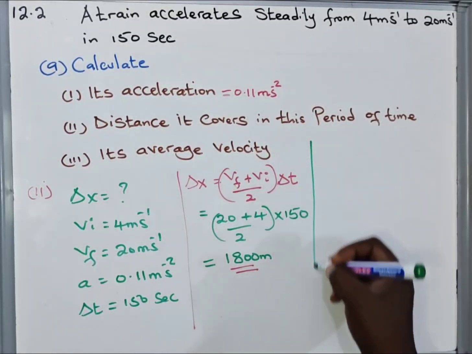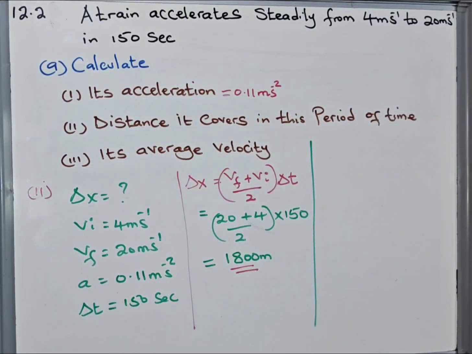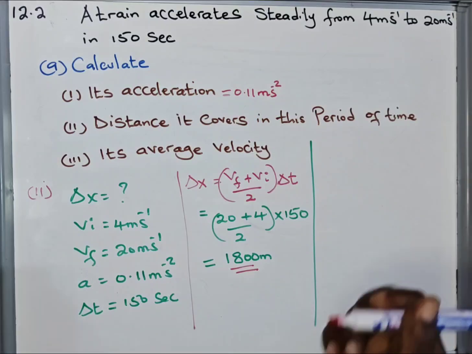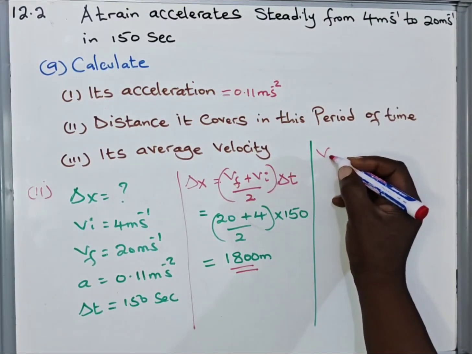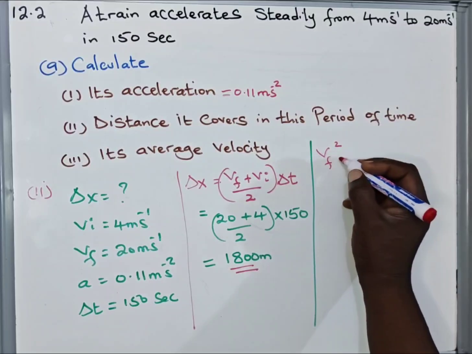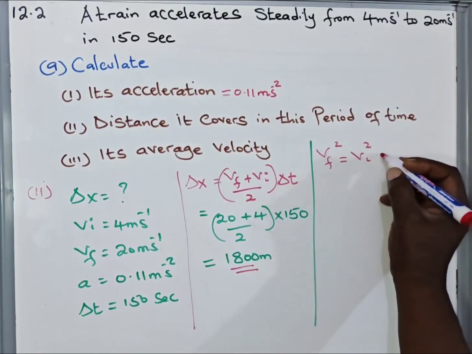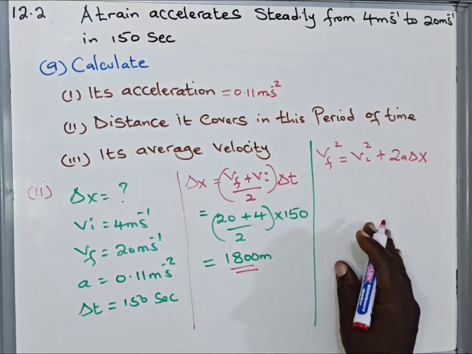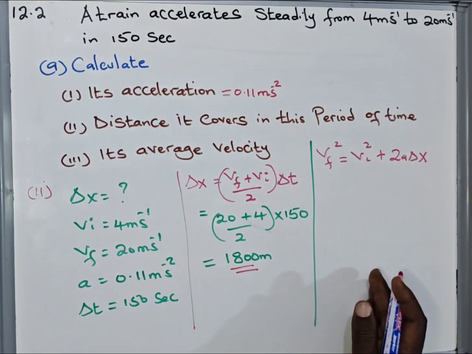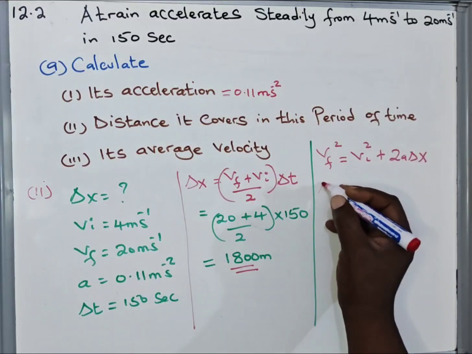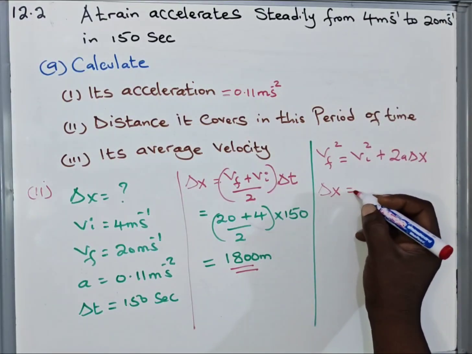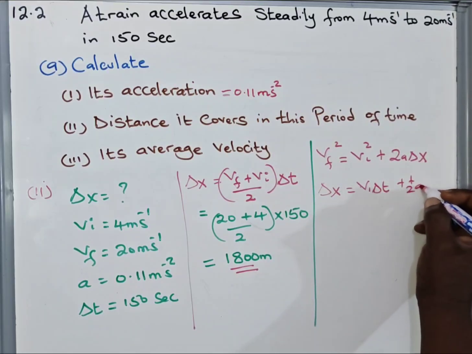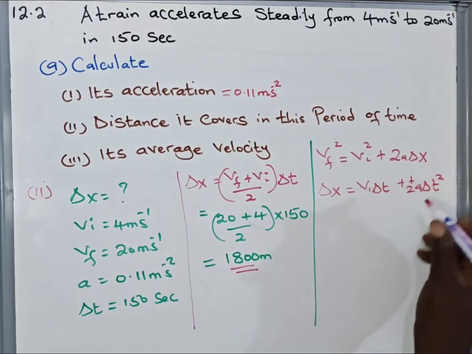Alternatively, we can look for another equation. We can use VF squared, which is the second equation, equal to VI squared plus 2A delta X. That one can work because we have delta X. We can even use delta X equal to VI delta T plus half A delta T squared.